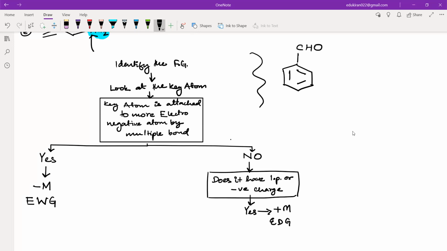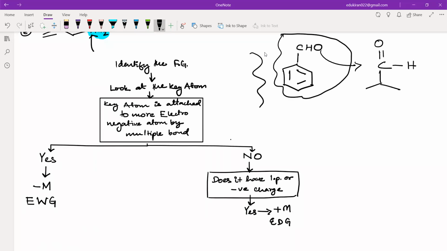Aldehyde. So what is the aldehyde structure? It will be carbon double bond oxygen and hydrogen, and there will be a benzene group attached like this. Yes or no? Now you tell me, what is the key atom here?